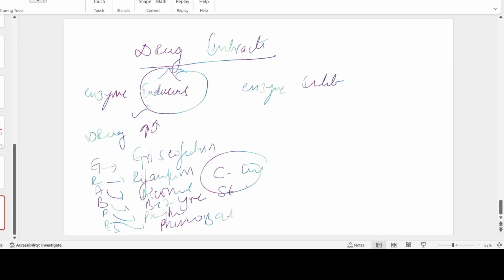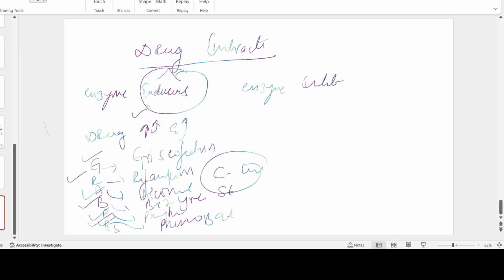It's a plant derivative. This GRAB PCCS, that is griseofulvin, rifampicin, alcohol, benzopyrene, phenytoin, phenobarbital, carbamazepine, St. John's wort. These are the examples of enzyme inducers.